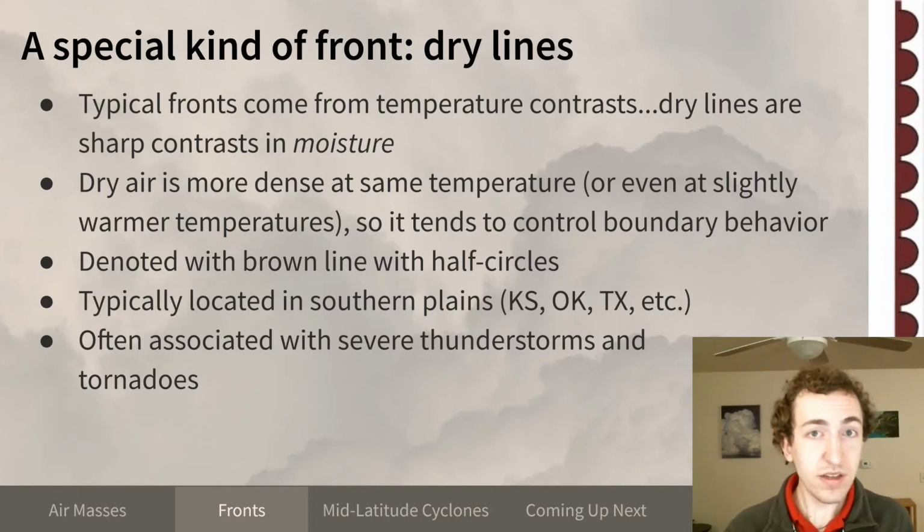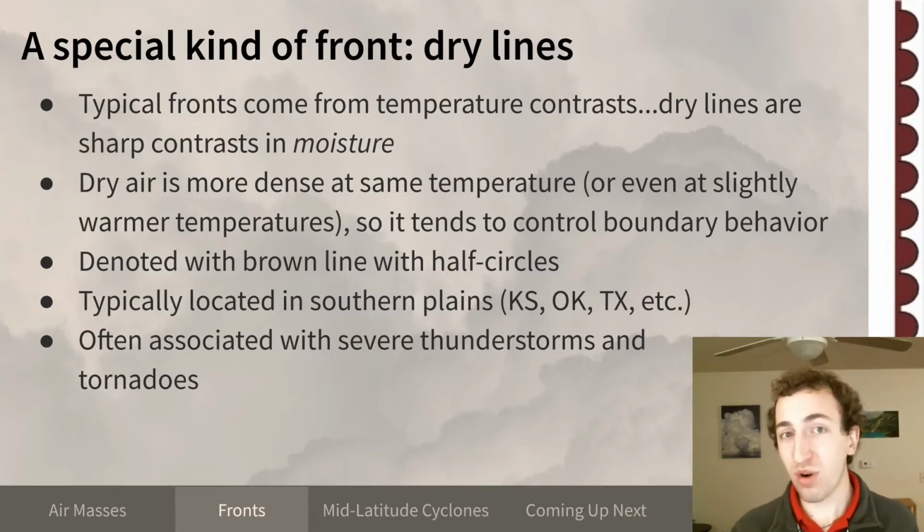In the US, where these typically occur is more in the southern plains, where you can get similar temperature air, but with strong moisture differences from moist air coming up from the Gulf of Mexico and dry air coming from the Southwest United States.